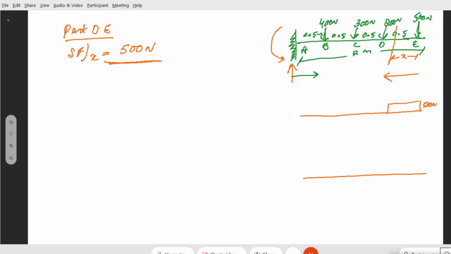It will be the same from point E to point D. Now, if I have to draw its bending moment diagram, at point X it will be simply equal to minus 500 times X, minus because it's hogging.